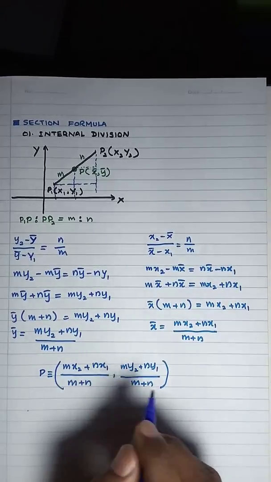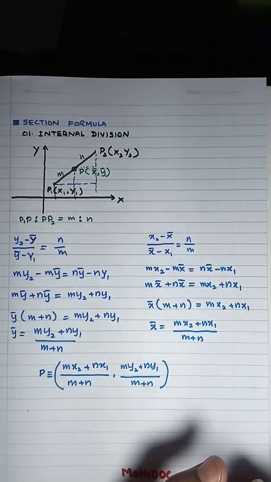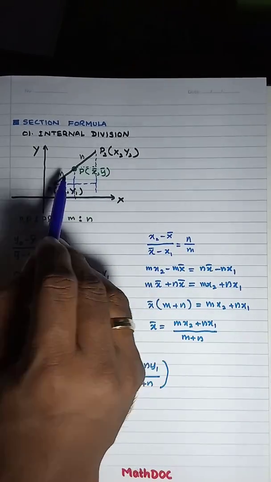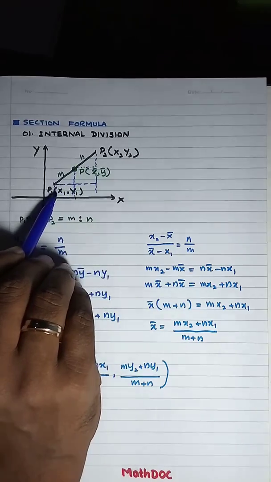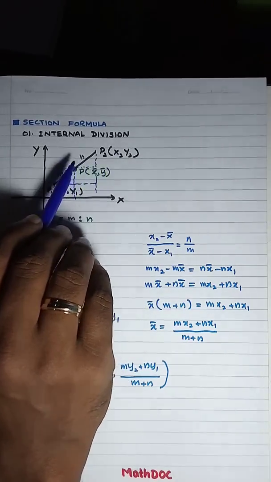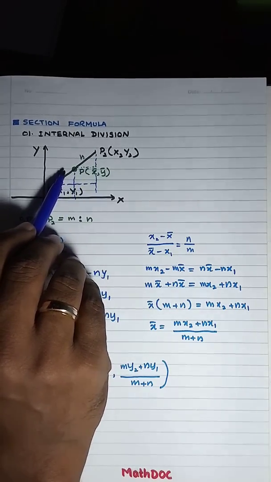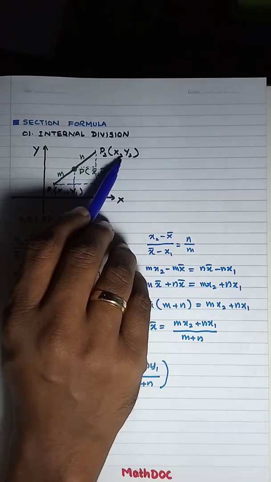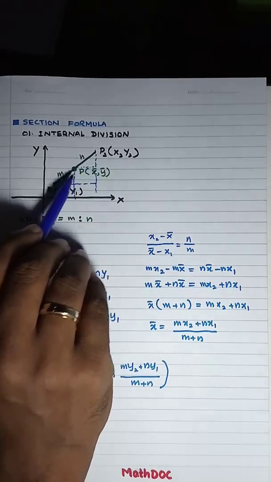We call this the section formula, internal division. Here the way is (mx2 plus nx1) over (m plus n), and similarly (my2 plus ny1) over (m plus n). You need to multiply m with the non-related point, that is P2, so mx2 plus nx1 over m plus n.